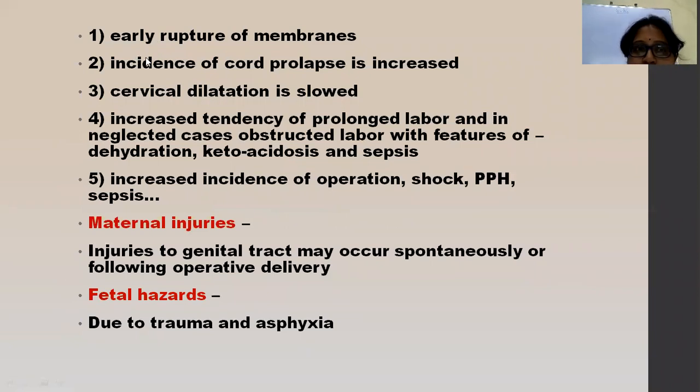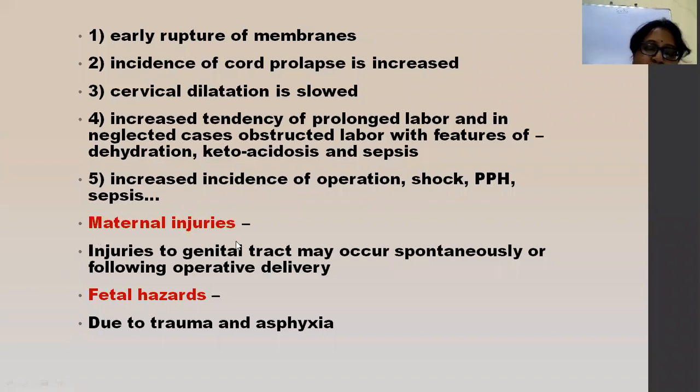In case of borderline or moderate, if you leave a woman for vaginal delivery, then you encounter that they have early rupture of membranes, there is increased incidence of cord prolapse, the cervical dilatation is slowed down, and increased tendency of prolonged labor, and in neglected cases, the woman may even go into obstructed labor with features of dehydration, ketoacidosis, and sometimes you even see sepsis. So there is increased incidence of operation, shock, PPH, and sepsis in such women.